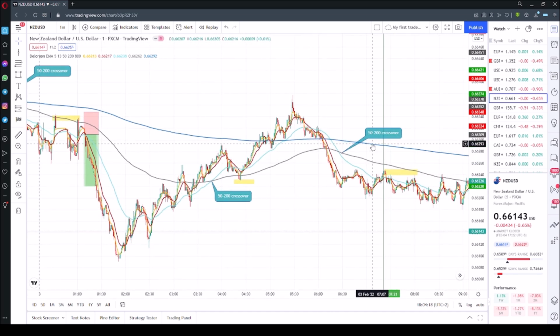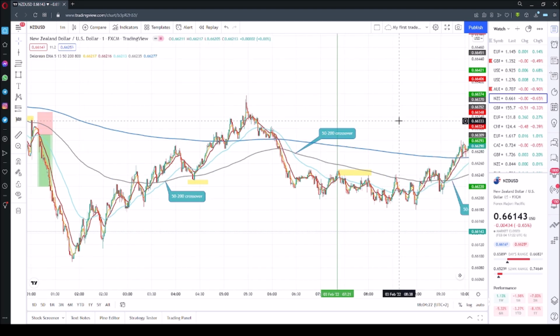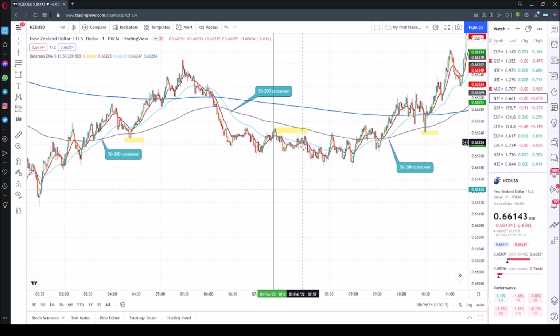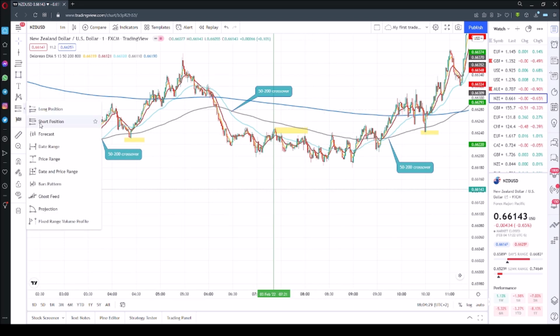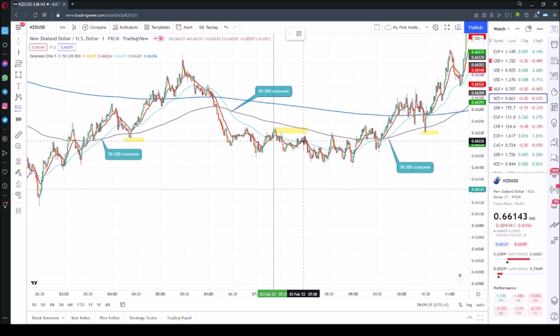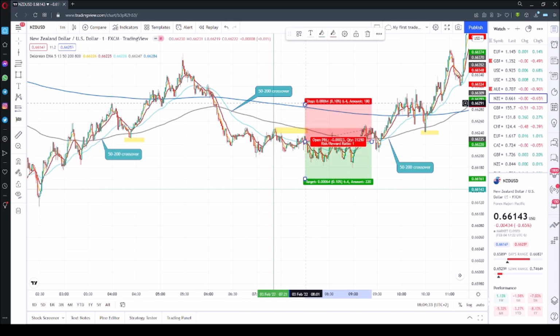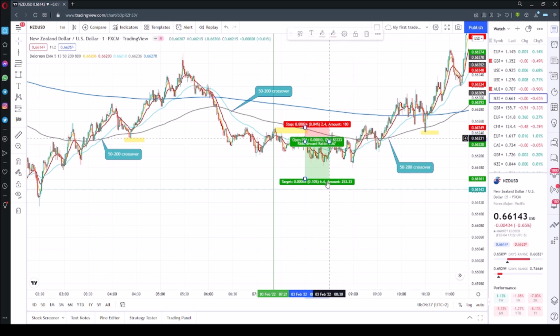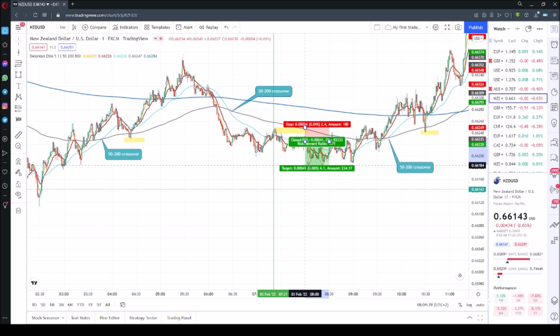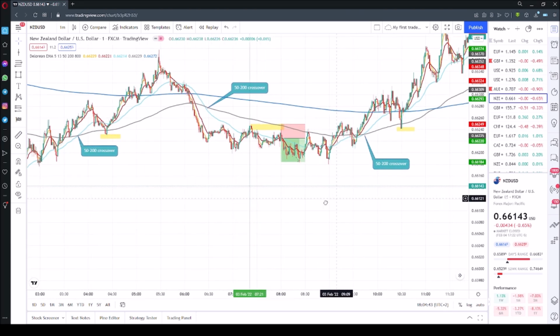Here we had a 50-200 EMA crossover, right? After that, we had this flow from this point going down. We have to check if we were going to actually have a good reward to risk ratio in that case. So it was yes, 1.5 was going to be hit at that particular trade.